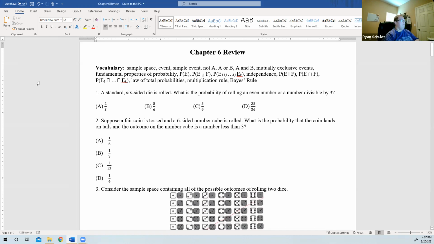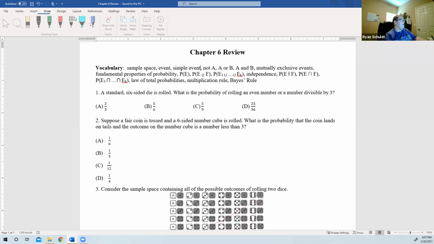Okay, let's look at number 1. A standard 6-sided die is rolled. What's the probability of rolling an even number or a number divisible by 3? So this has two events on it. The first event that could occur is we get an even number.